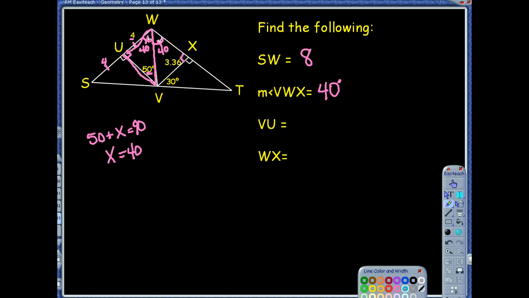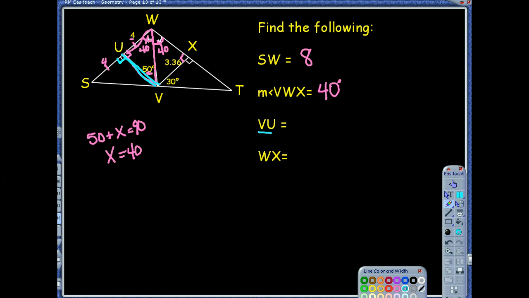Okay, now let's talk about VU. So this segment. I'm noticing that it's a perpendicular segment.